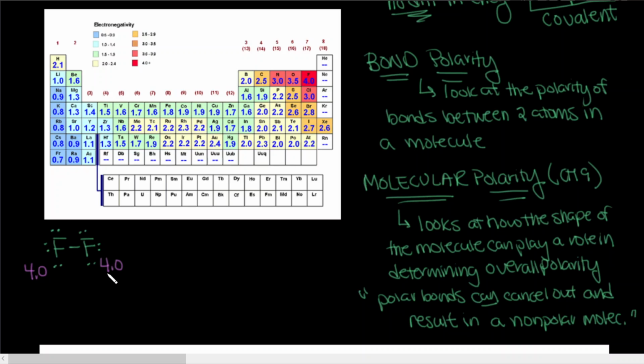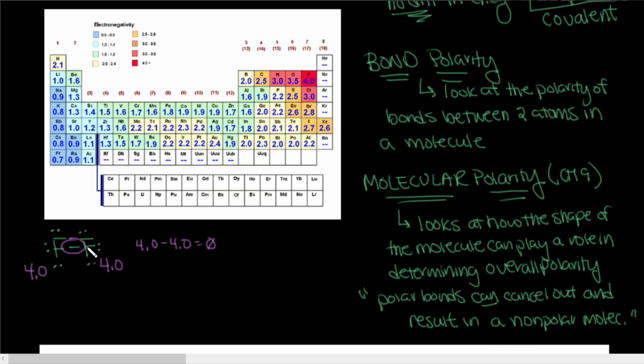They're playing tug of war with the same amount of strength, right? These electrons here in this shared bond are being pulled, with a sense of like a 4.0 to the left and a 4.0 to the right. It would be like clones playing tug of war. Nobody's going to win. The electrons are going to stay right smack dab in the middle. So if you look at the difference in electronegativity, 4.0 to 4.0, there is no difference in electronegativity.